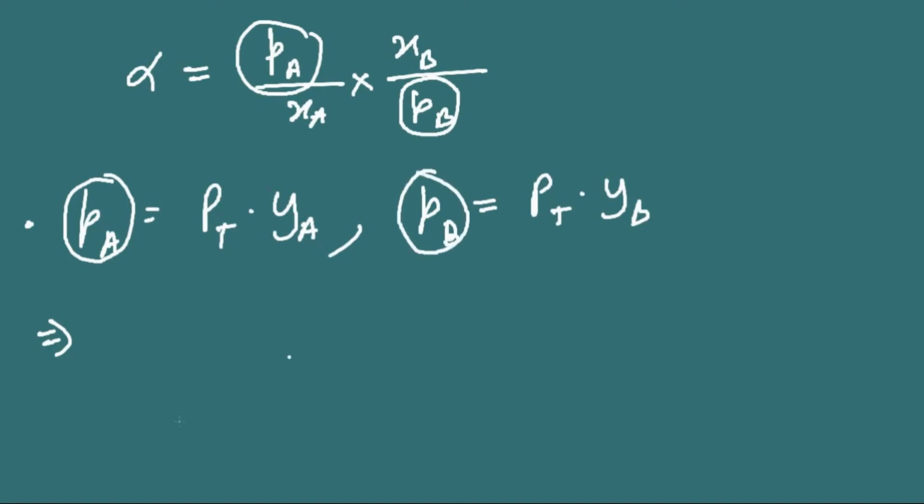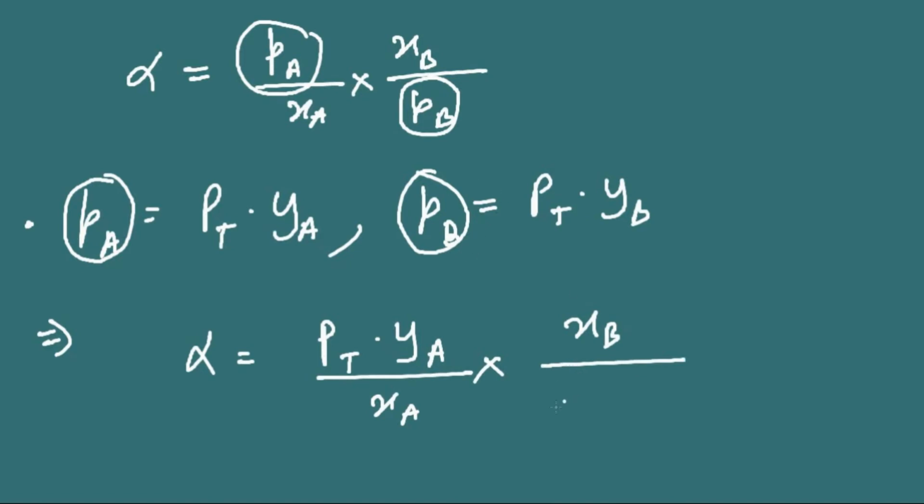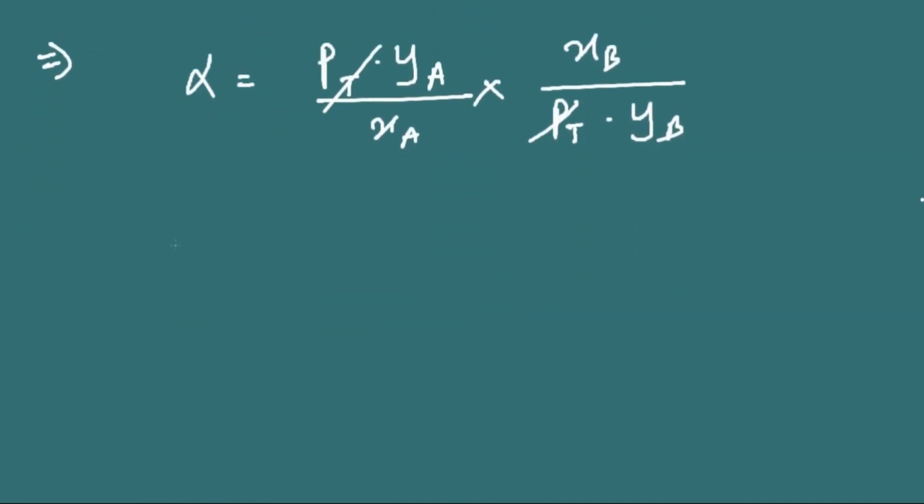So what I get is alpha equals PT times YA divided by XA, into XB divided by PB, where PB is PT times YB. The PT will get cancelled. So finally what I get is alpha equals YA by XA times XB by YB.